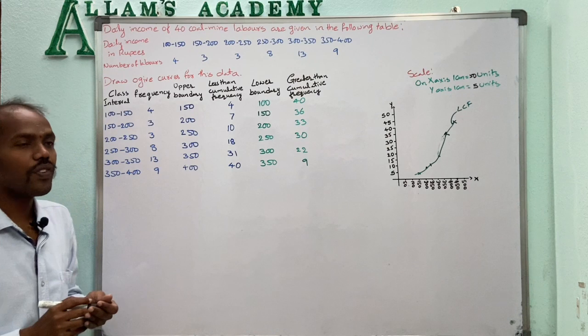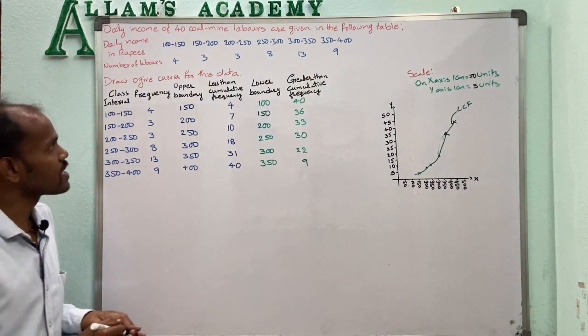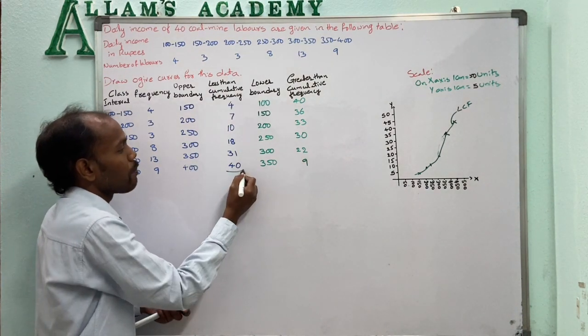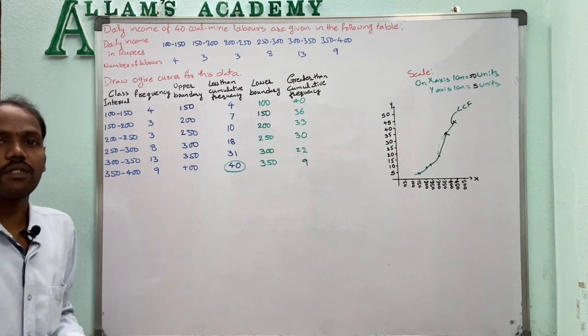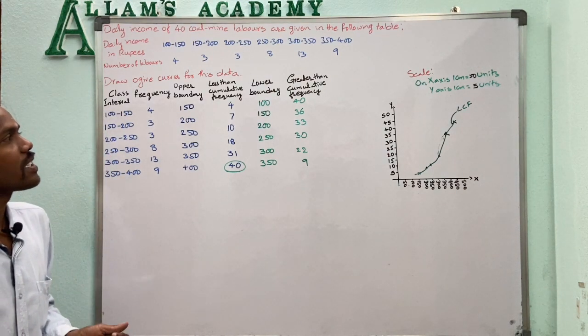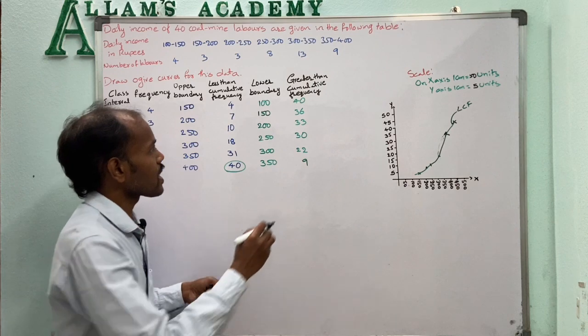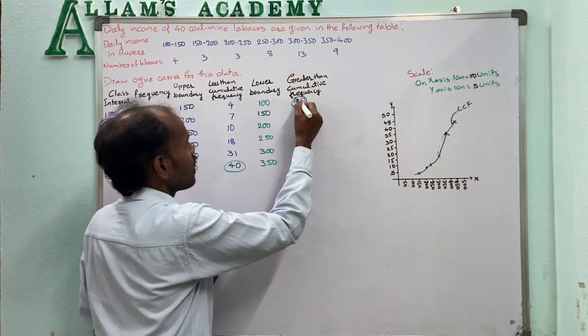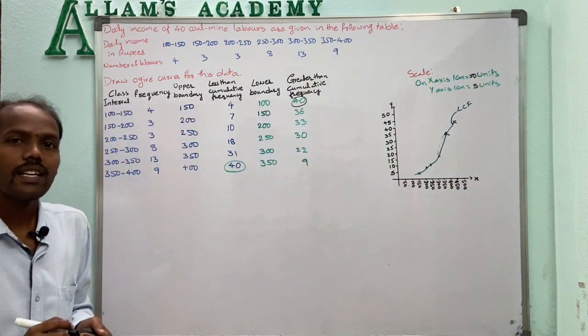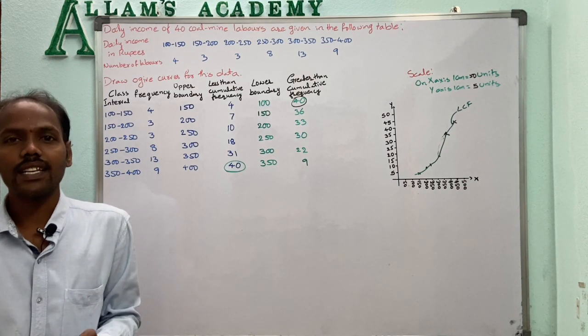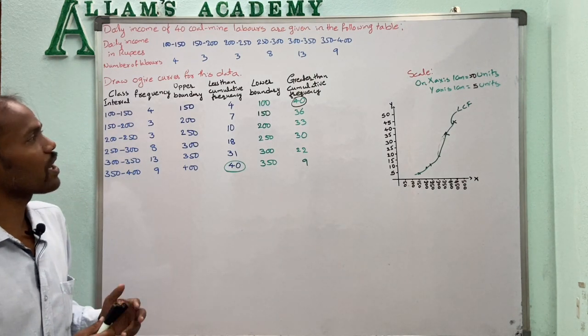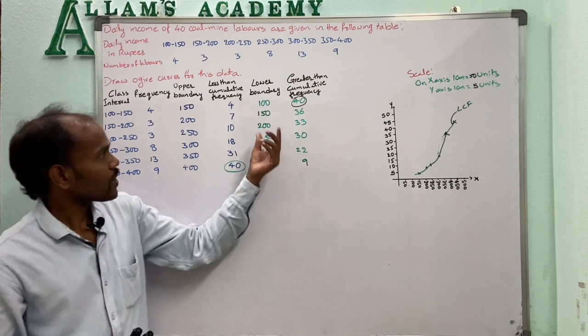Here if we observe, for the less than cumulative frequency the bottom value is 40, and for the greater than cumulative frequency the top value is 40. Both values are the same, which is nothing but the sum of the frequencies.